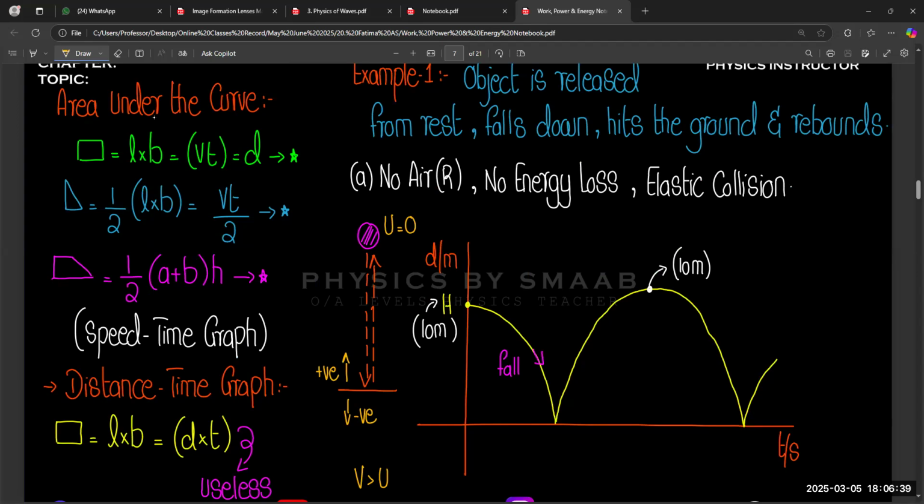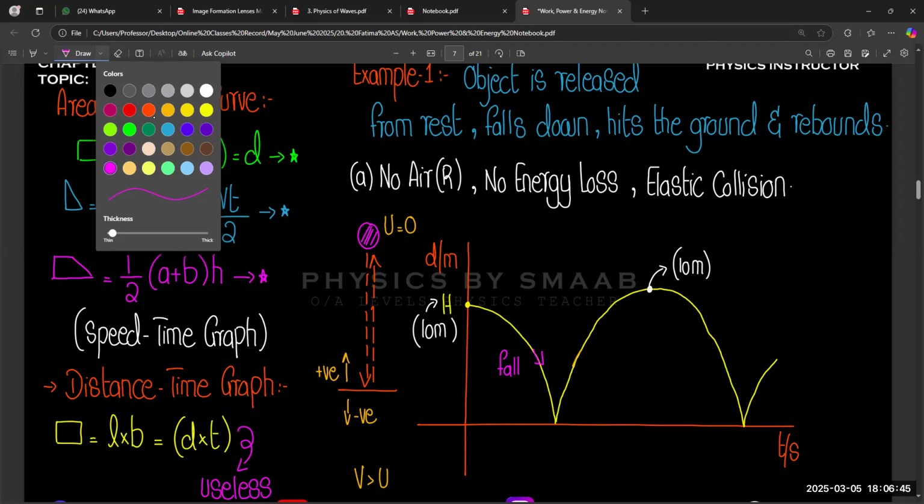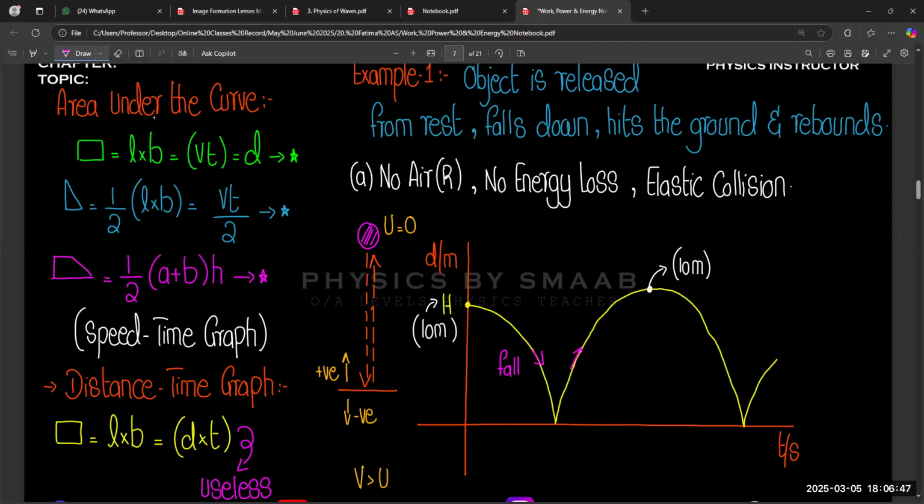So first of all, this drop represents the fall of the body, and then the rise. This is the rise, and after reaching the maximum height, again it is the fall, and it will continue so on.